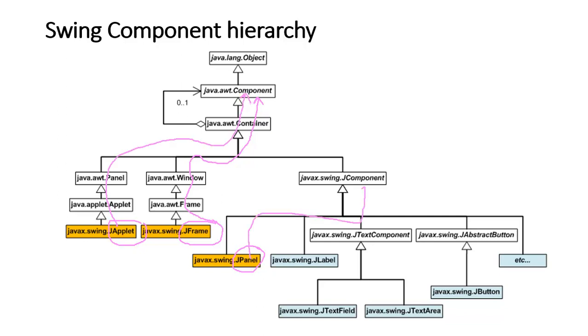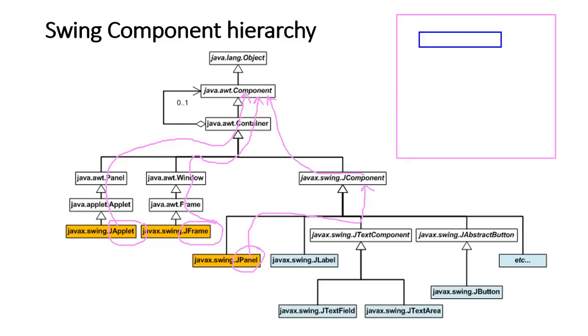JPanel is actually derived from JComponent, and that in turn is derived from Component. So even though we call it a container which can contain other components, you must understand one important thing here: every container itself is somehow derived from Component. So every container is in turn a component.